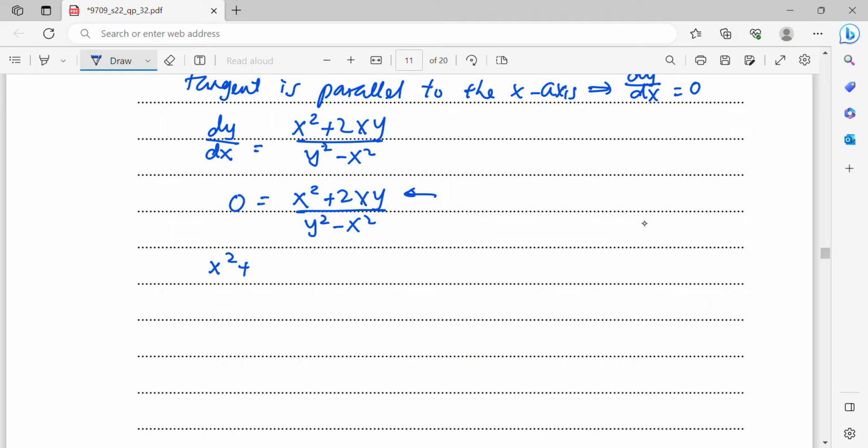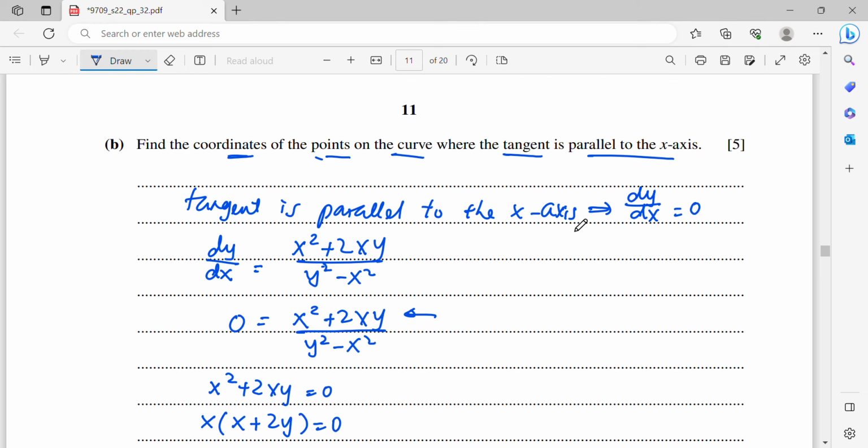So x squared plus 2xy equals 0. Then from here, we may factorize the x, and you will get x times (x plus 2y) equals 0. So you either get x equals 0 or x plus 2y equals 0, which means x equals minus 2y.